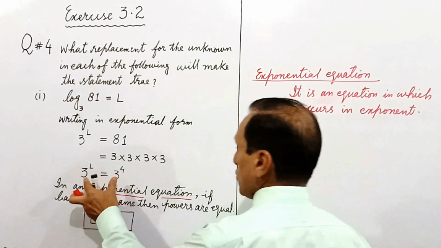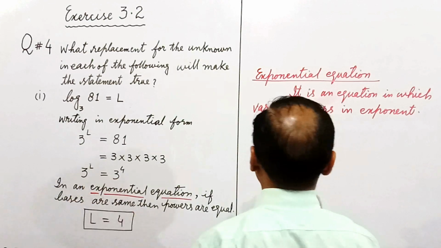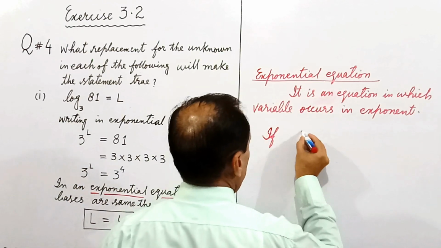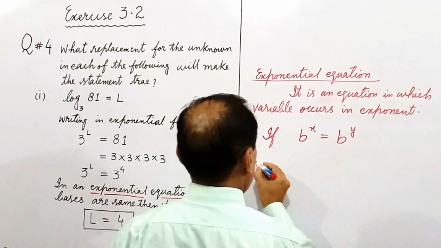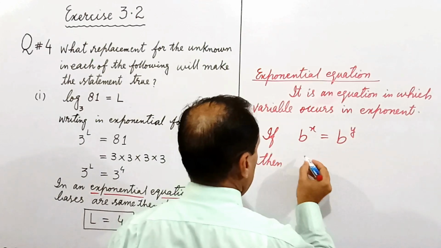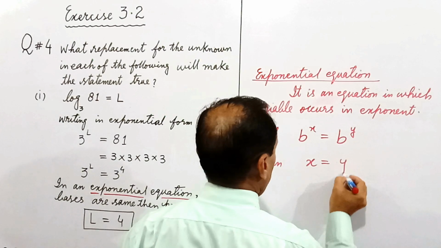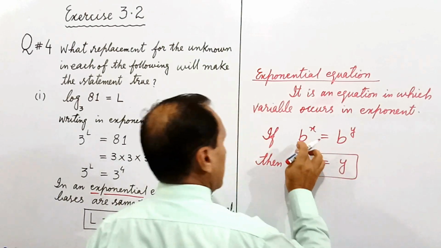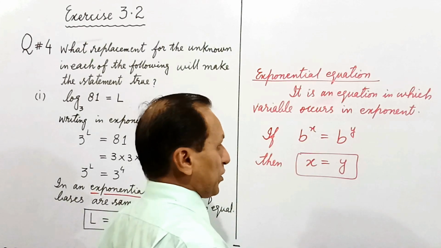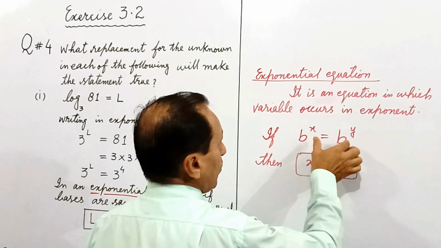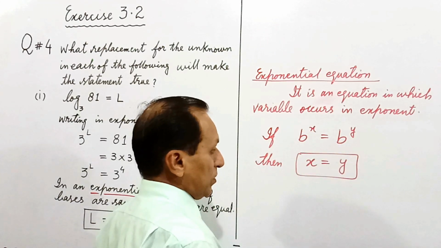And the property which we use over here is, if b raised to power x is equal to b raised to power y, then it implies that x is equal to y. As we observe that the bases are same, therefore according to the exponential equation the powers are equal.